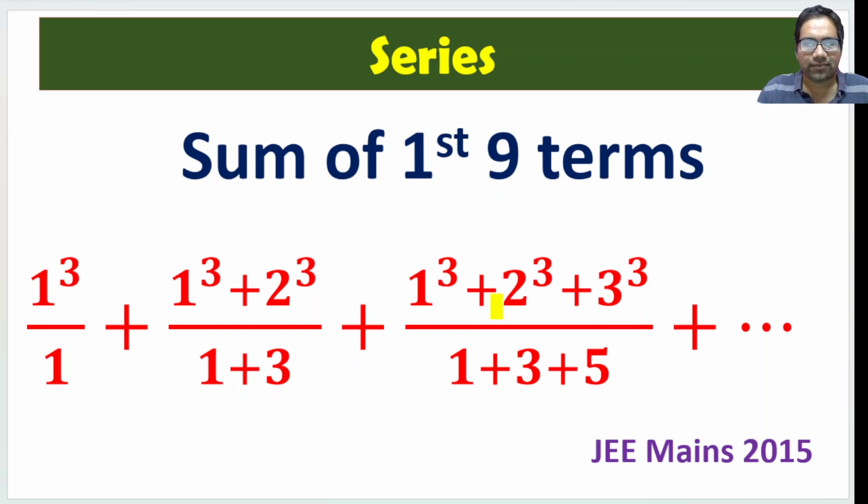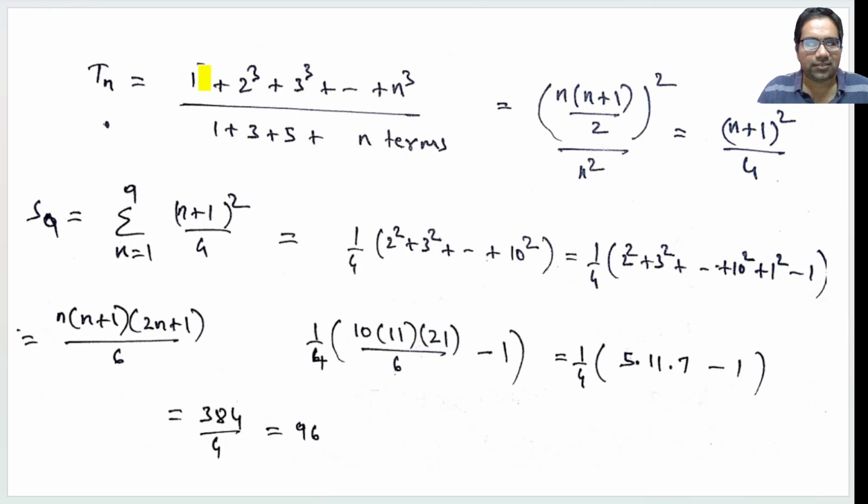So we can clearly see 1 cube, 2 cube, 3 cube. What is our Tn term? Tn term will be 1 cube plus 2 cube plus 3 cube up to n cube in the numerator, and there will be n odd terms in the denominator, 1, 3, 5, 7, 9, whatever, n terms.